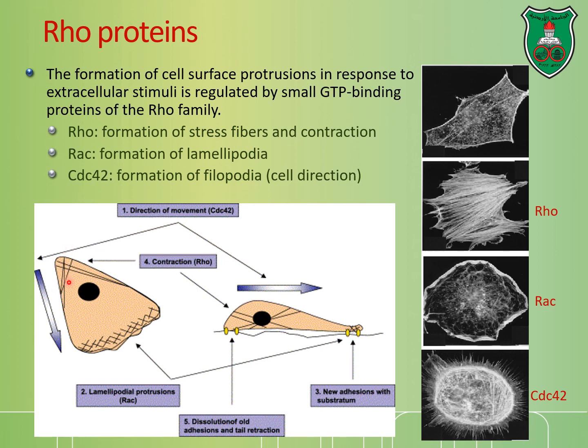Now what happens then is that you have attachment at this end right here, the leading edge, and then you have retraction, detachment of cells from the other end, and these actin filaments get depolymerized, by the way, from the other end, and they extend forward.